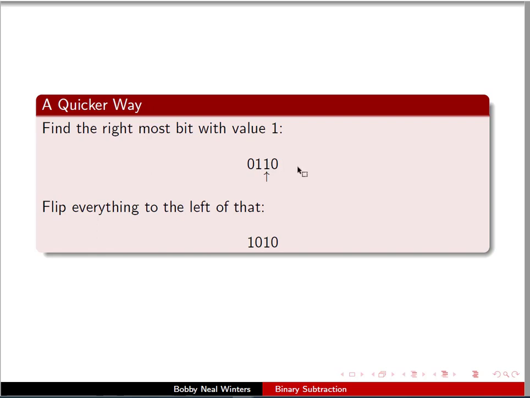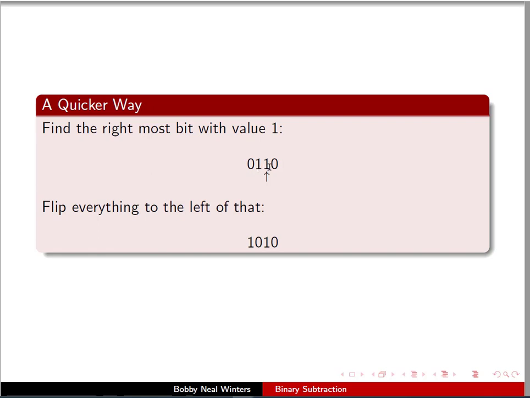And if there is no rightmost one, that's 0. You're there. Okay. Here, find my rightmost one and point at that, and then every bit to the left of that, you flip it.